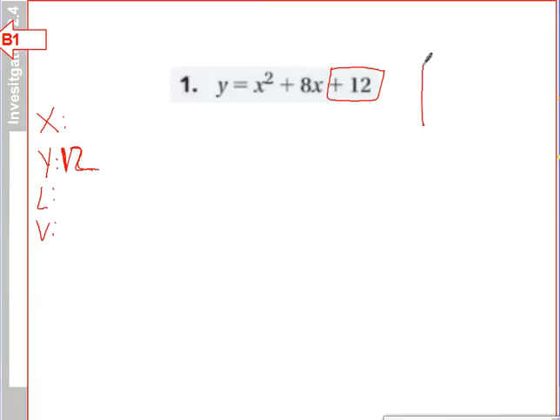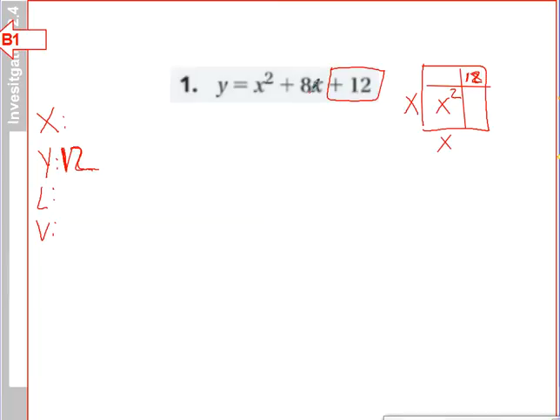Now, there are a couple ways you could do this. You can make your divided rectangle. And we could say this is 12. This is x squared, so that we have x and x. And so we're looking for two numbers that multiply to 12 that add up to 8.